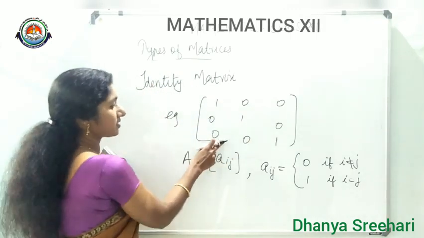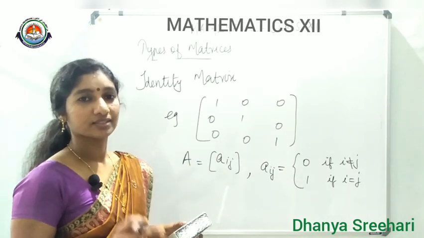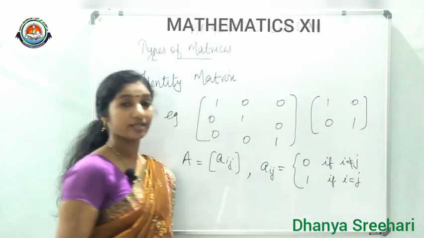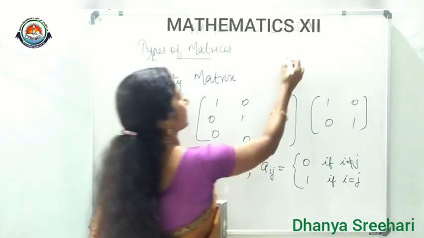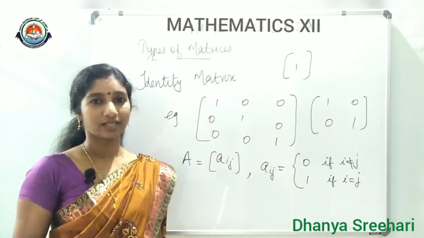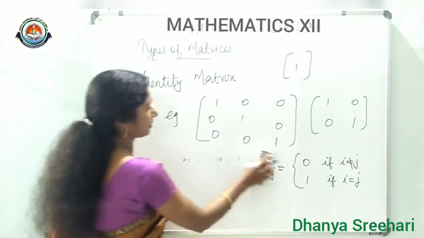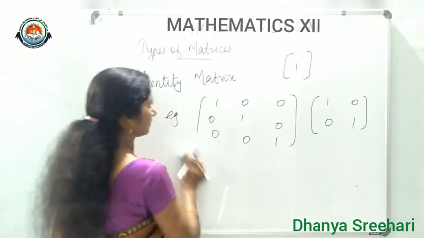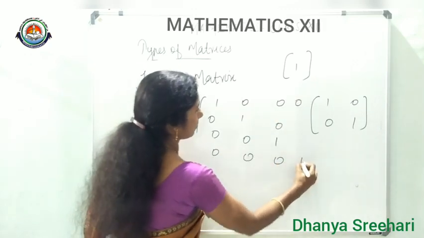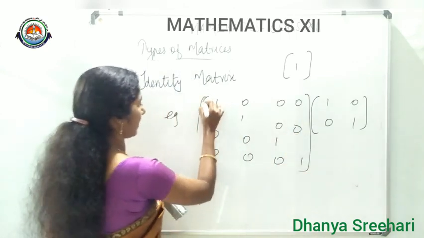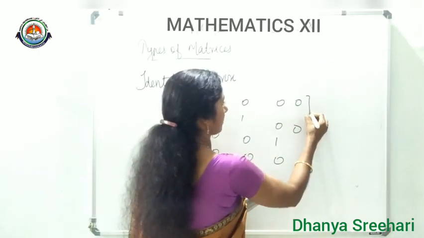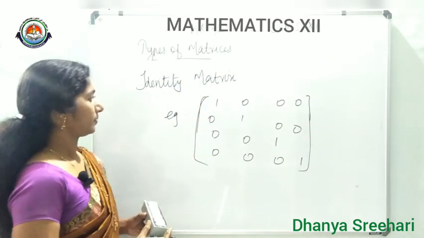So this is an identity matrix of order 3. 1, 0, 0, 1 is an identity matrix of order 2. Only 1 is an identity matrix of order 1. What is the identity matrix of order 4? One more row and one more column need to be inserted: 0, 0, 0, 1. So this is an identity matrix of order 4. Clear? Okay.